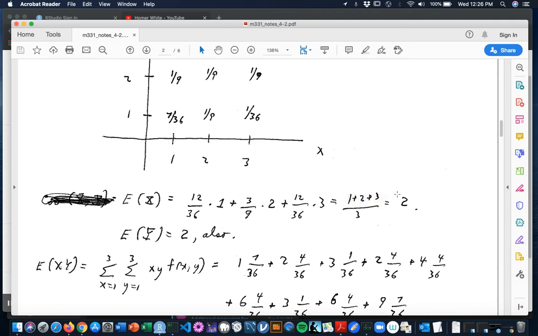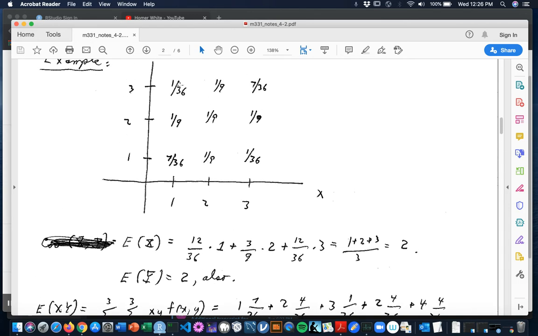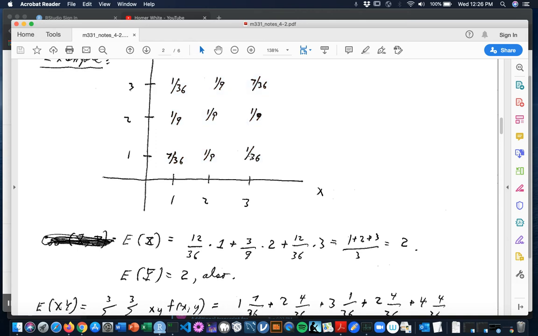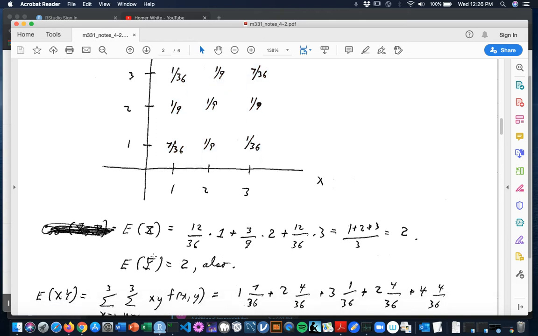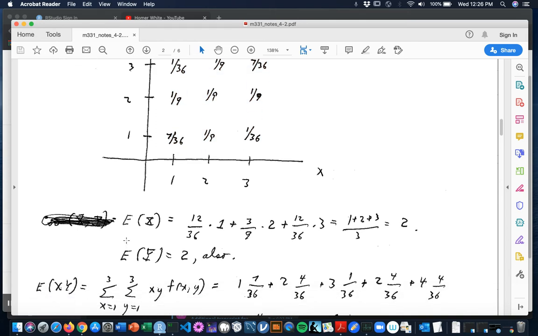That works out to exactly 2. So capital X, the marginal distribution is balanced perfectly around the 2, and the expected value came out to 2, like you would suspect. You'll notice a symmetry between x and y here in the PMF, so you don't really have to do the calculations, but if you did, you would find expected value of y is 2 as well.